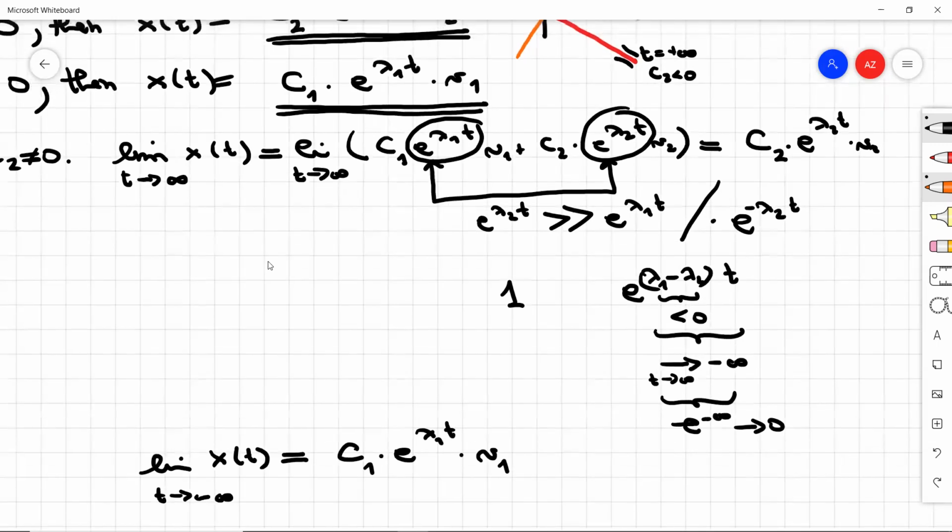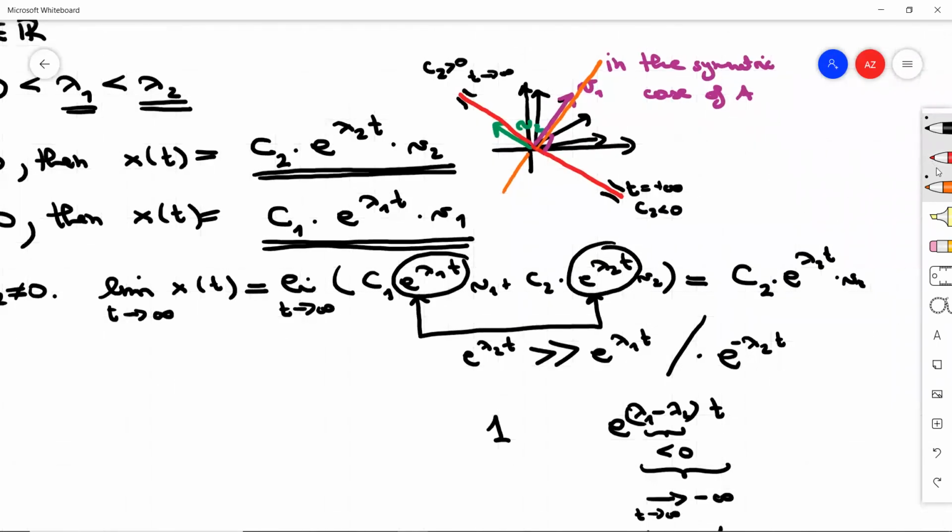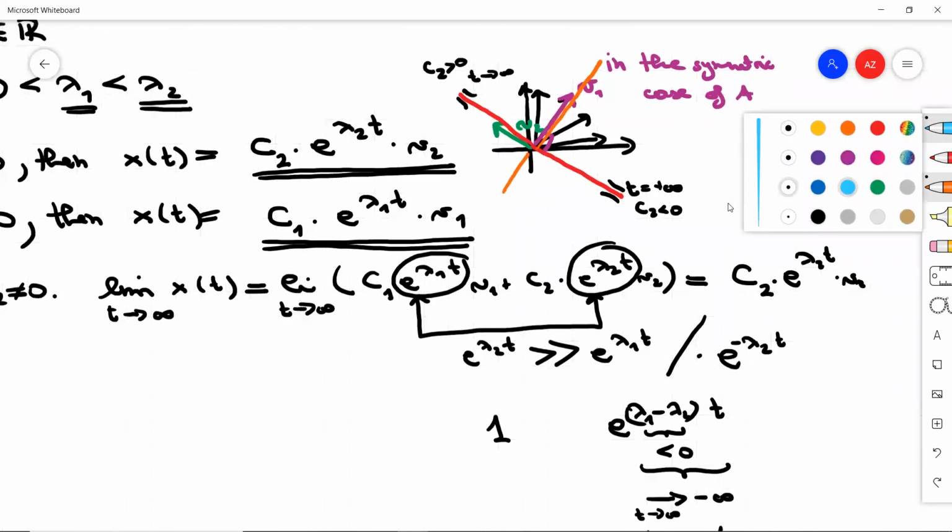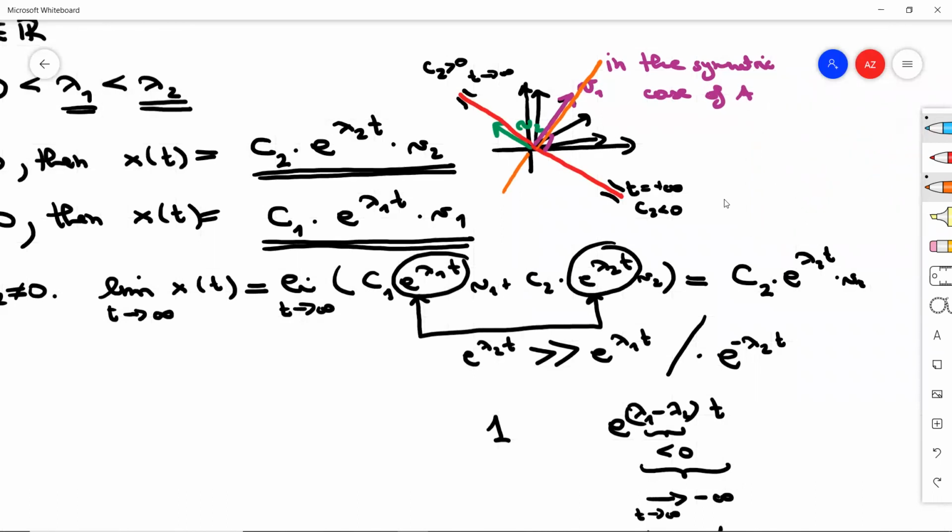So this means that we will be somewhere along this orange line. But we have to see what's the length of our vector.